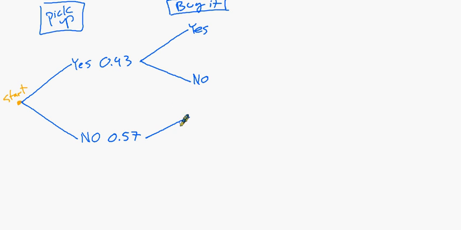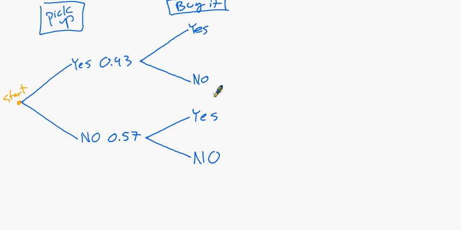Pretty typically, they are two branches. And so if they didn't pick it up, they still could have bought it. Or if they didn't pick it up, maybe they didn't buy it. And there's different probabilities associated with this.